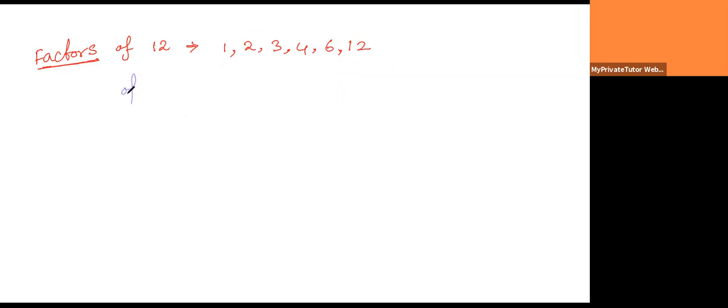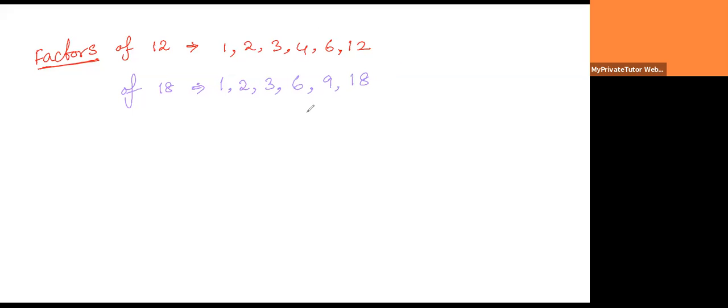Quickly, what are the factors of 18, guys? 18 is divisible by 1, by 2, by 3. We can't divide by 4 or 5, but we can divide by 6, then 9, and 18. So these are the factors of 12 and 18 separately.